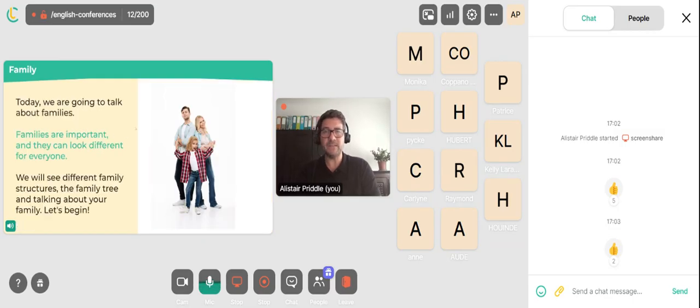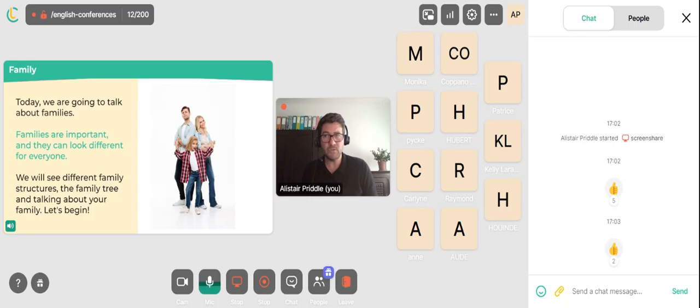So family. Today we are going to talk about families. Families are important and they can look different for everyone. We will see different family structures, the family tree, and talking about your family.